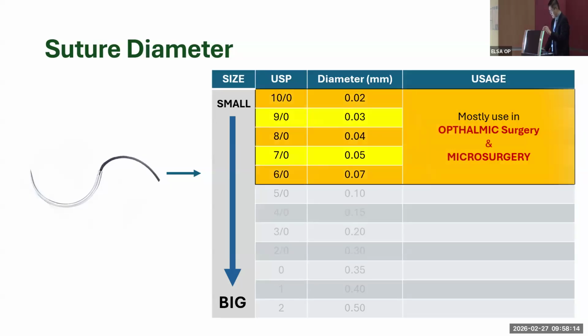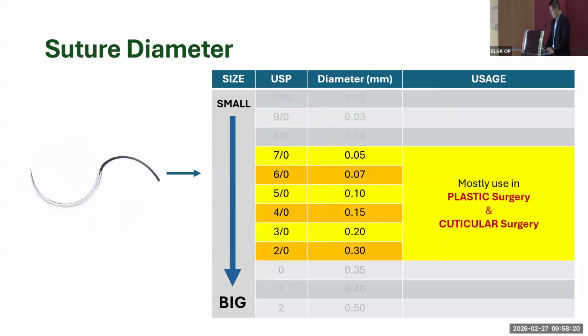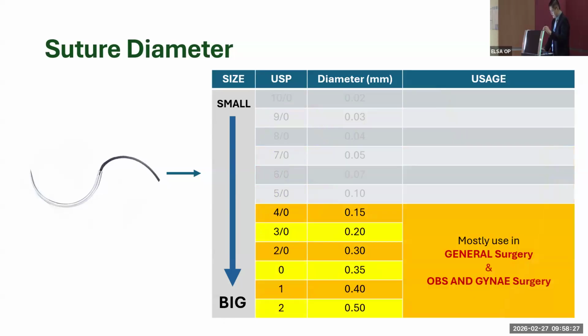For 6-0 until 10-0, we usually use them in ophthalmic surgery or microsurgery, followed by 2-0 to 7-0, which we usually use in plastic surgery or critical surgery. For general surgery and ENT, we usually use suture sizes from 2 to 4-0.